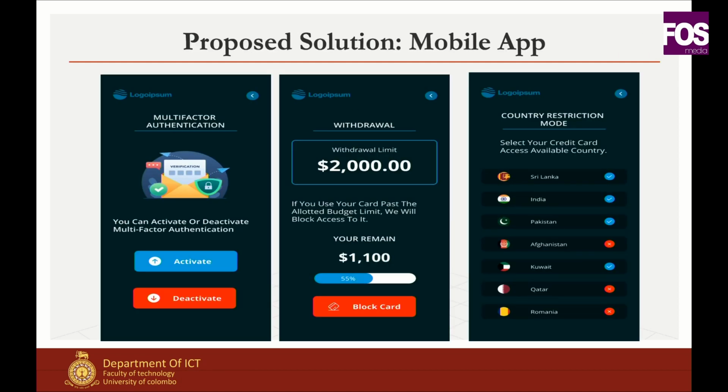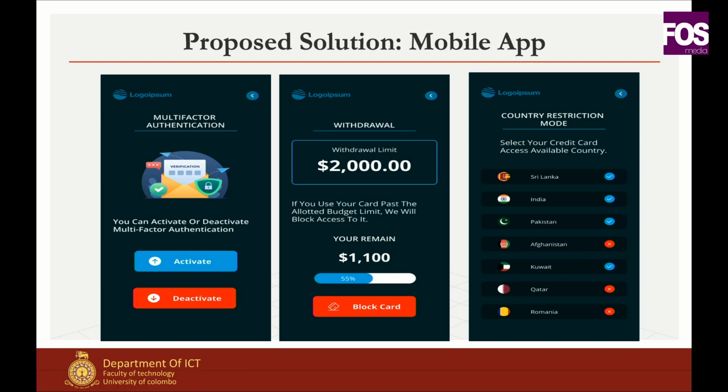And in the second method, we propose a mobile app. In the mobile app, we can activate and deactivate this multi-factor authentication, and we can also limit the withdrawal or purchase limit. You can hand over the card to your wife or children, and by setting the limit, they can purchase only up to this limit.